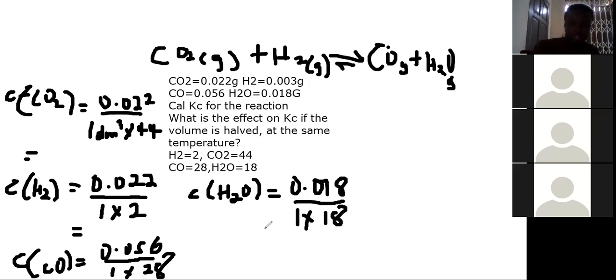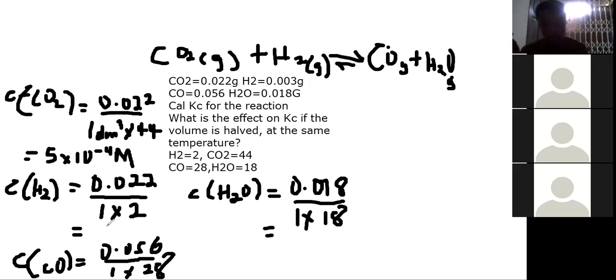So please let's write it. The first one, what do you get? 5 times 10 raised to the power negative 4 mole per dm cube, or we can just write it in molar. Then this one is 1.6 times 10 raised to the power negative 3.